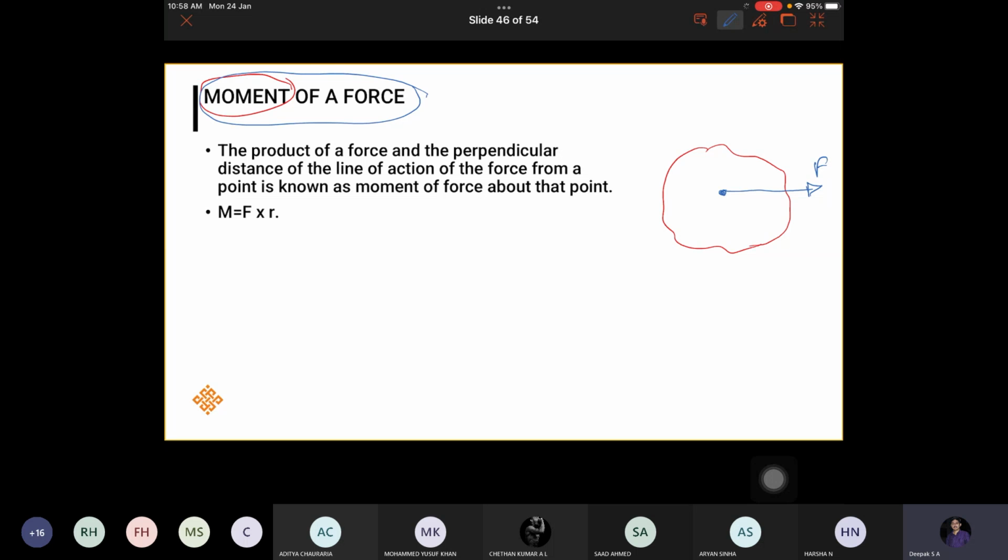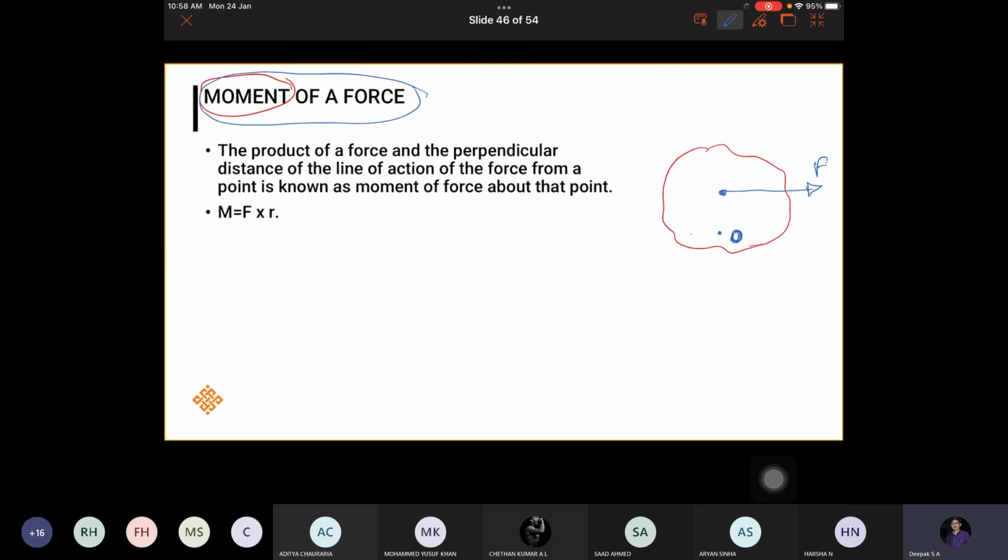So if you have a force something like this, and I have a point, this point I will call O. Now what is the moment of a force about the point O?